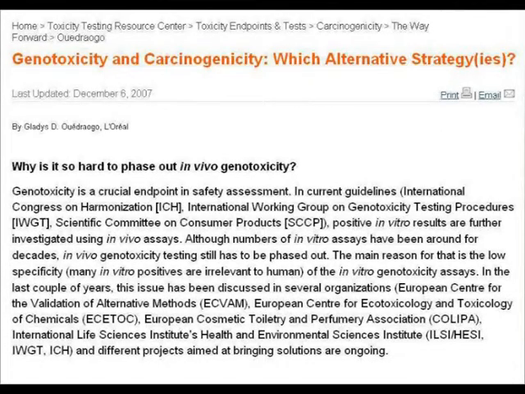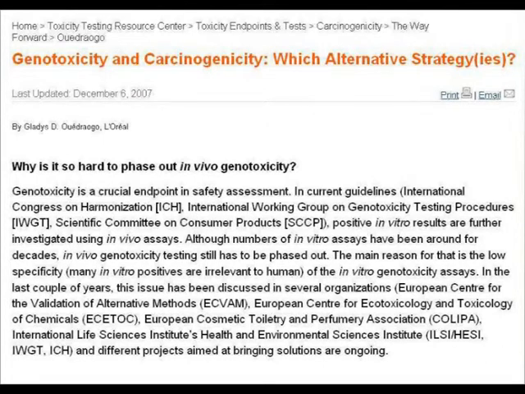We're now going to look at 4 slides from the Alltox website from the essay Genotoxicity and Carcinogenicity, which alternative strategies? The subtitle is, why is it so hard to phase out in vivo genotoxicity? The first paragraph reads, genotoxicity is a crucial endpoint in safety assessment.